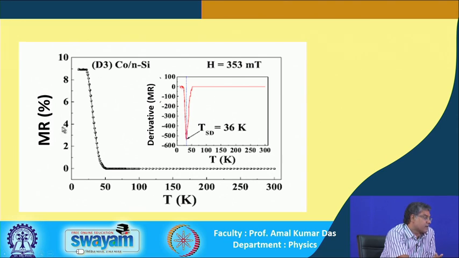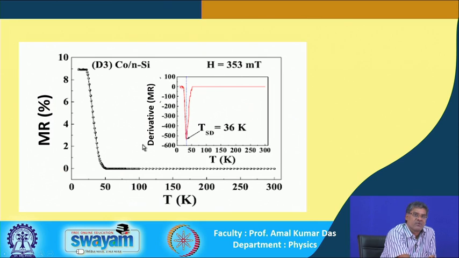So, here basically we have measured magnetoresistance as a function of temperature. Okay. If we apply a magnetic field on a material and measure the resistance, the resistance of this material changes with the magnetic field.